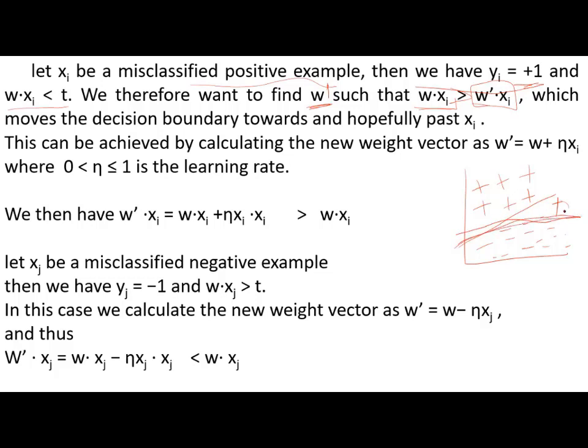This can be achieved by calculating the new weight vector w' = w + eta xi, where eta, with 0 less than eta less than or equal to 1, is called the learning rate.